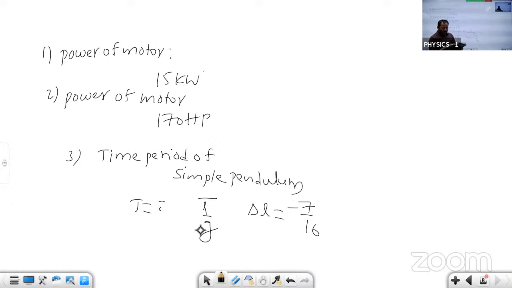And one more, question number 4. Yesterday we did this one. A pump is required to lift 600 kg of water per minute. That answer they gave is 12.5 kilowatts, but the answer is 15 kilowatts. In the old textbook, students, this is the textbook from 2 years back. So just change these answers.